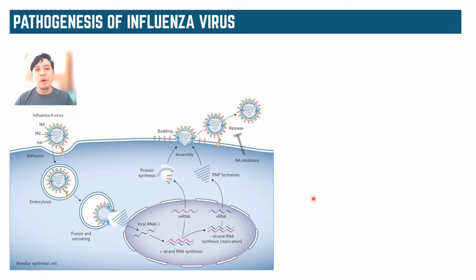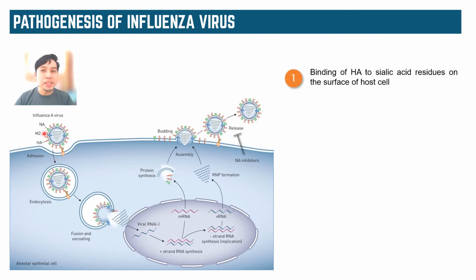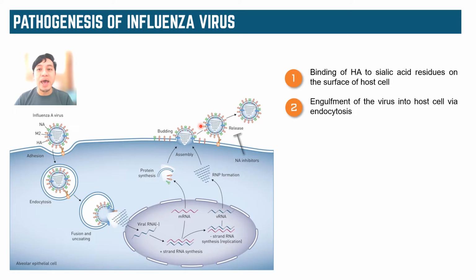The first step of influenza virus infection involves the binding of hemagglutinin to salicylic acid residues on the surface of host cells, which results in engulfment of the virus into the cell via endocytosis.